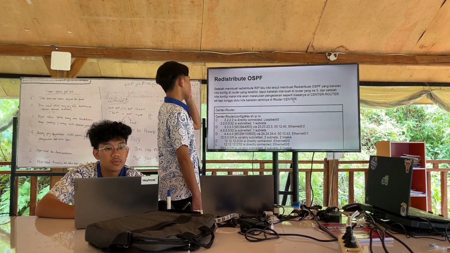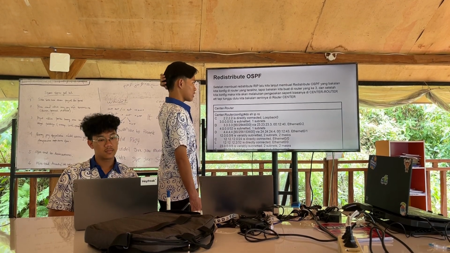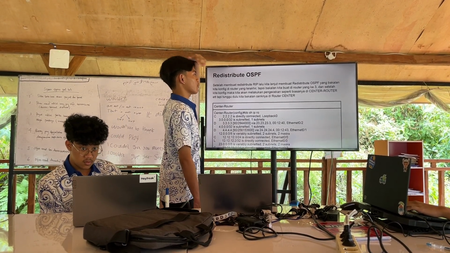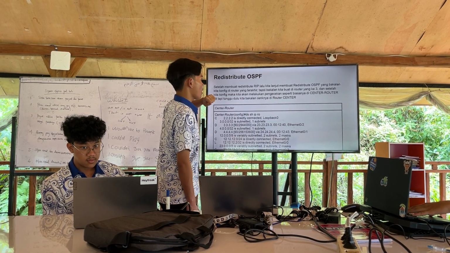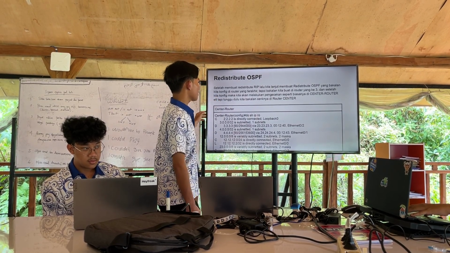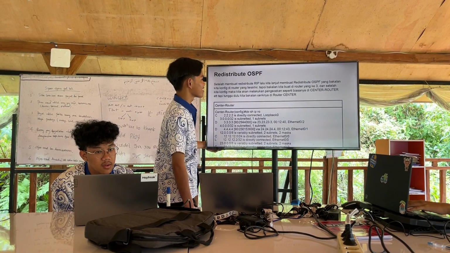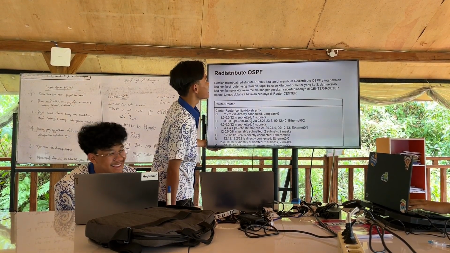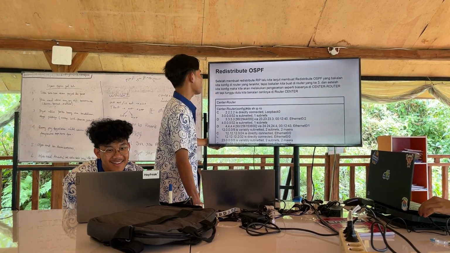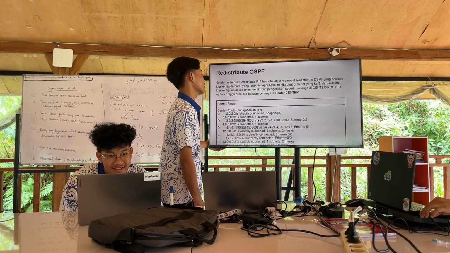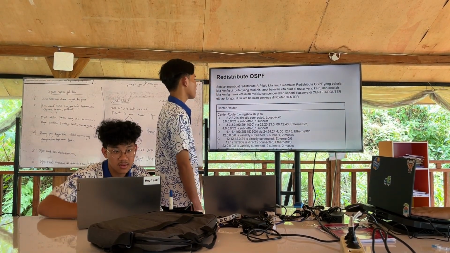Okay, for the next, redistribute OSPF. After we do redistribute RIP, we next do redistribute OSPF, which was actually the last config. But we do it at the third router, and after the config we will check it as usual at the center router.